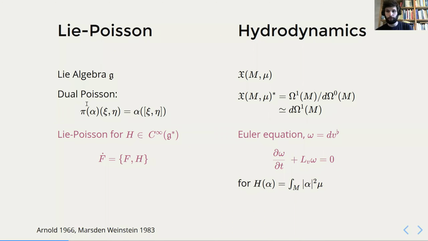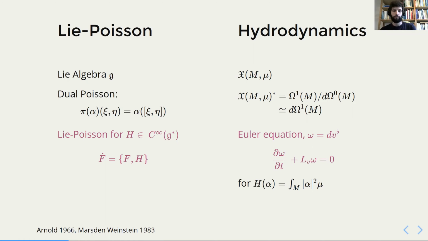So usually the Euler equation is written for a vector field, so that's the small v here, and the vorticity of this vector field is given by first using a metric on M to get a one form from the vector field, and then you take the exterior derivative to get the exact two form, and this is the so-called vorticity. And then if you write down the Poisson equation in this particular case, it takes this form, and this is the Euler equation in this vorticity formulation.